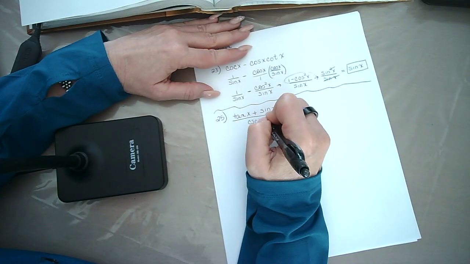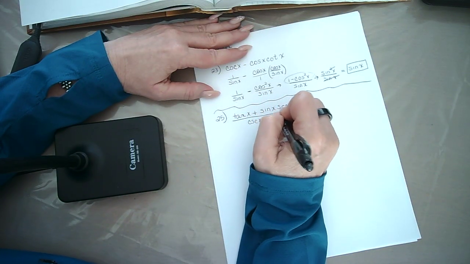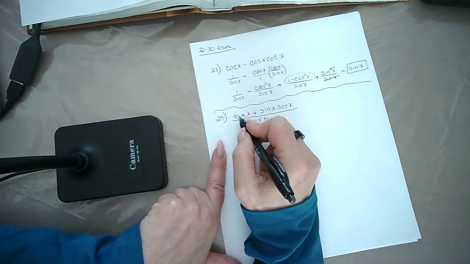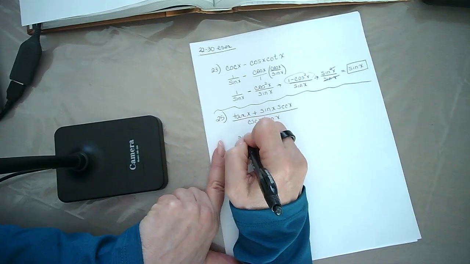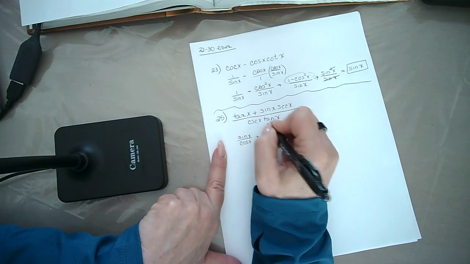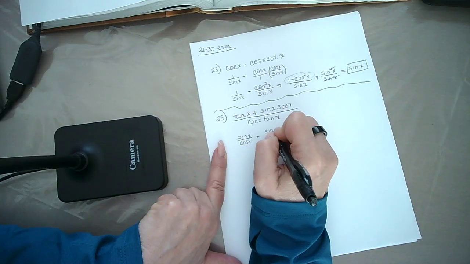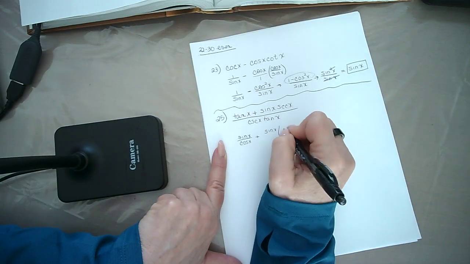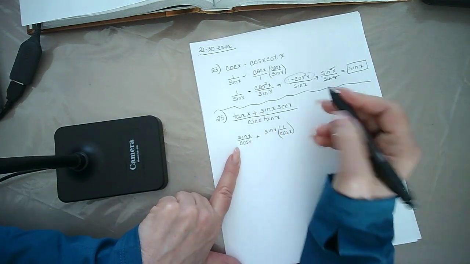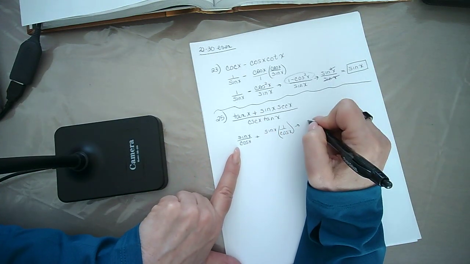Cosecant x tan x. Okay, so I'm going to change into sine and cosine. I'm going to start with the numerator. So tangent is sine x over cosine x, plus this is sine x times secant is 1 over cosine x, which right off the bat, I'm just going to continue with the numerator for a second.